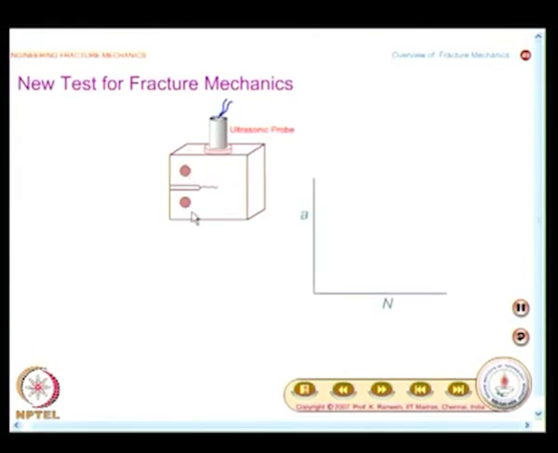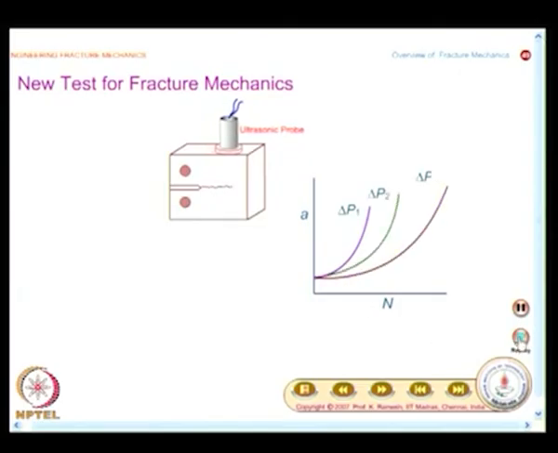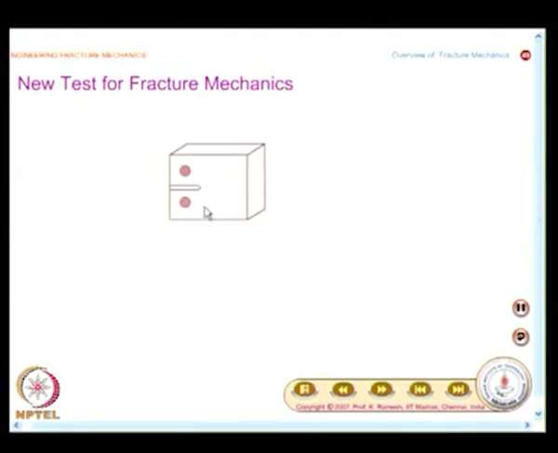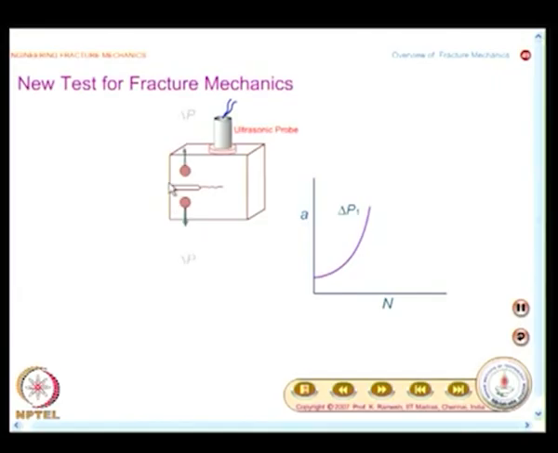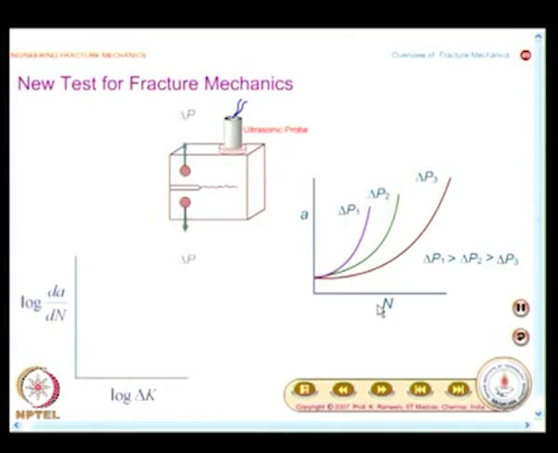When you have the fatigue loading in the specimen, you have to monitor it, and I think I will replay the animation again. You have to apply the fatigue load. As the crack advances, by some mechanism, either you do by NDT method or put a crack mouth opening displacement gauge and develop a versus N graph.